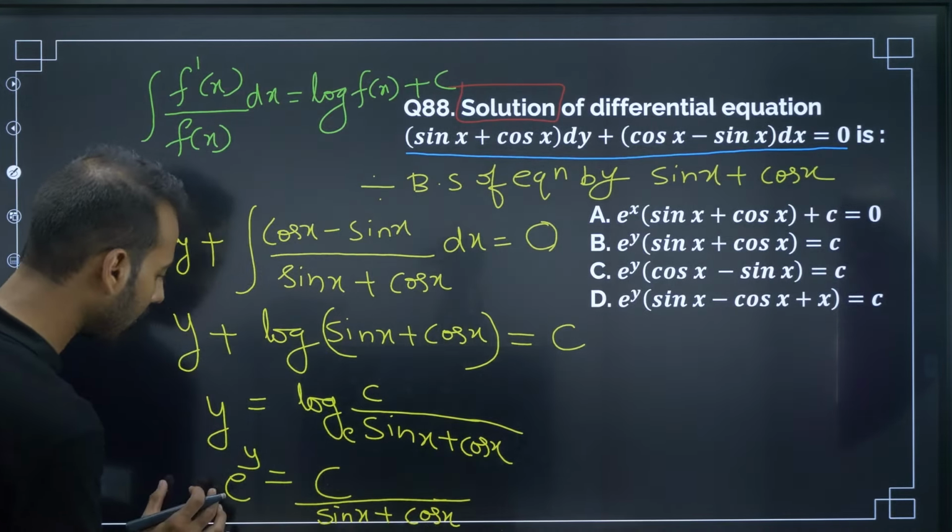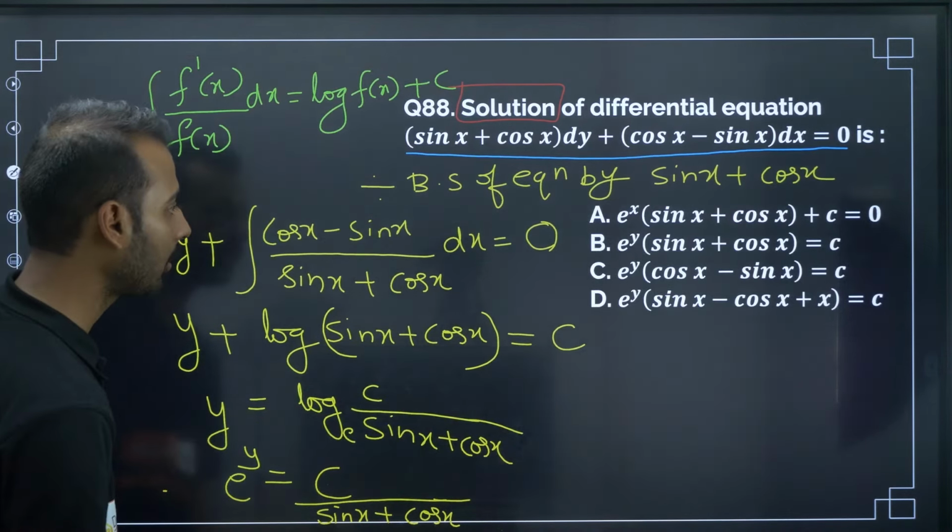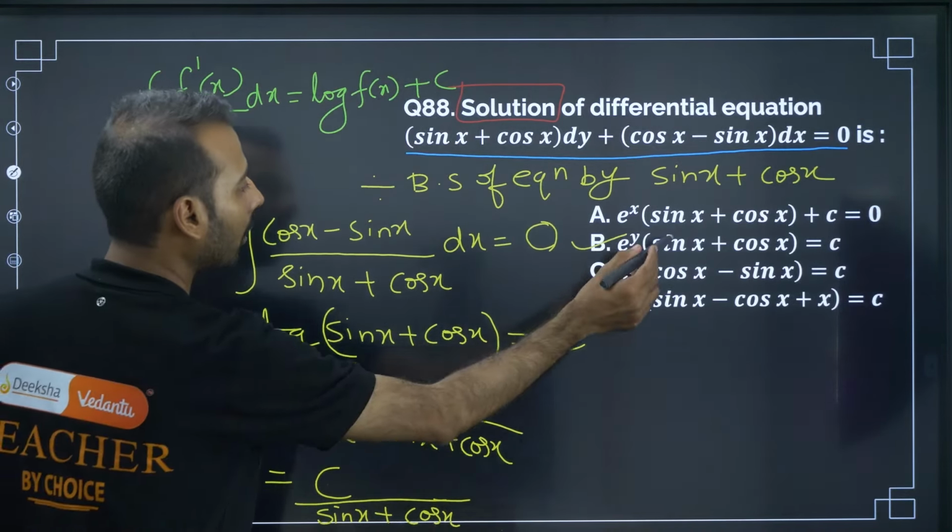This sin x plus cos x I will keep here. So c is equal to e raised to y times sin x plus cos x. B is the answer for this.